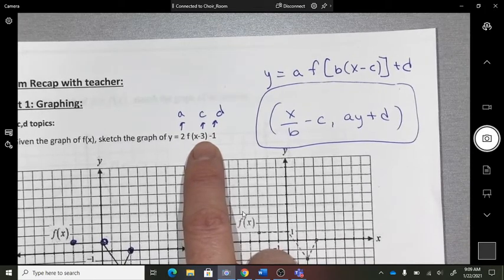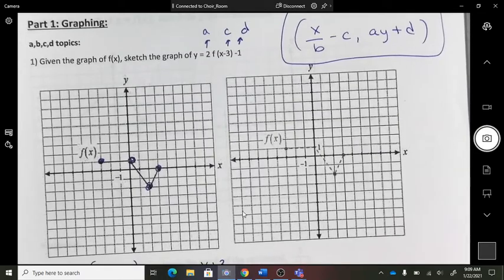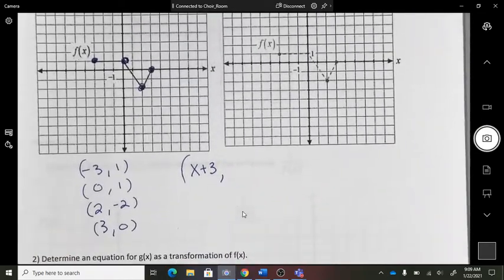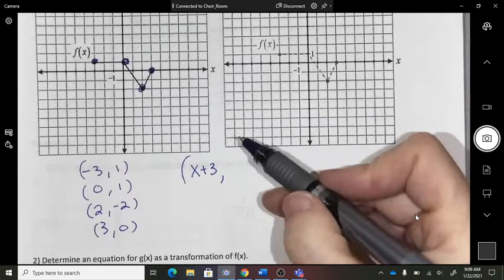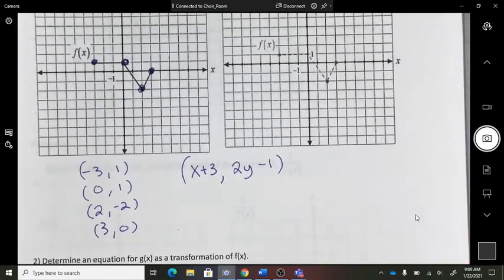Remember that one's the opposite. So I'm going to have to move right 3. Whatever C is in your equation, you do the opposite because of the subtract. And then we need AY plus D. Did you think about that? AY plus D.